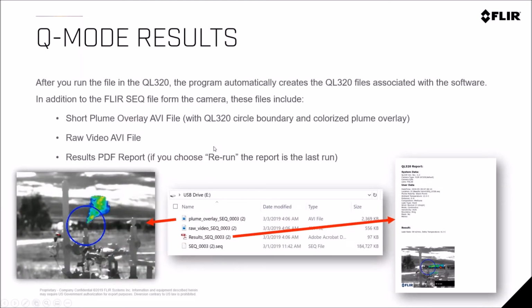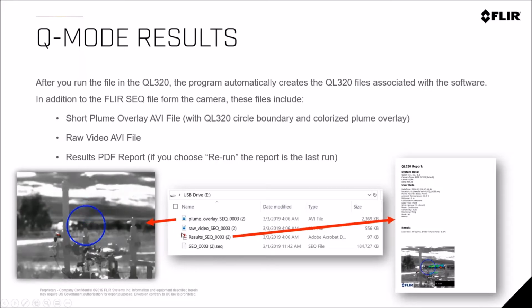When you do run that, what files are output? There will be 4 files output within your run QL. This is actually, should change, this is not an SCQ. This is called a DAT file now. This is the data file, which is what the QL320 recognizes as a file of interest. You have your data file. You have a very simple and streamlined report.